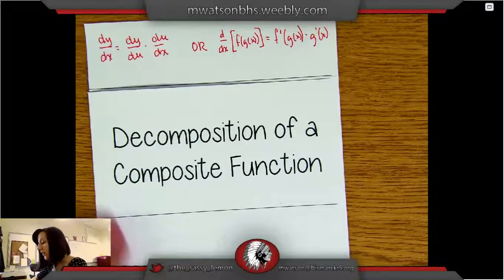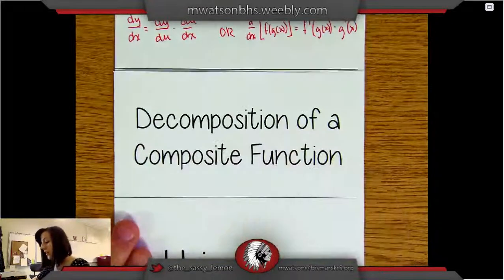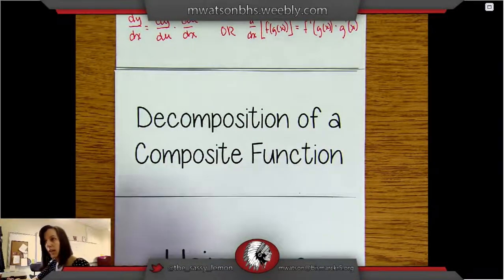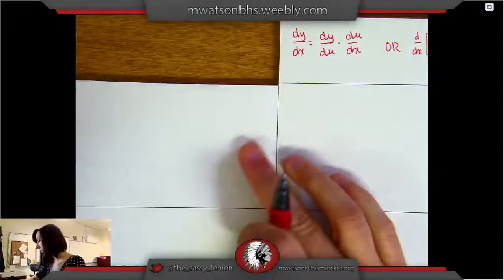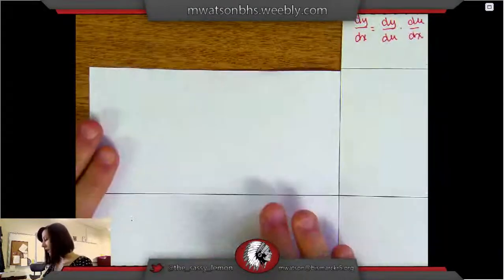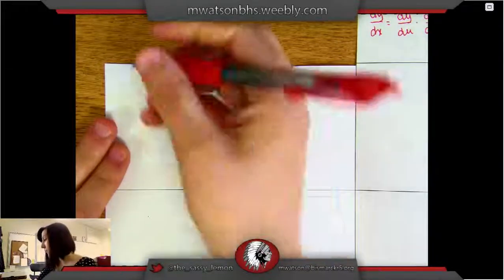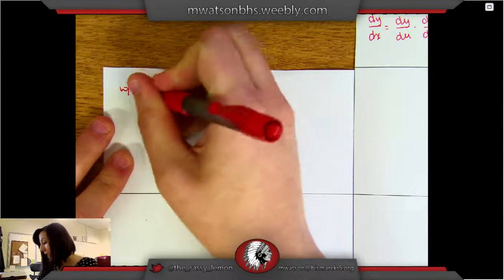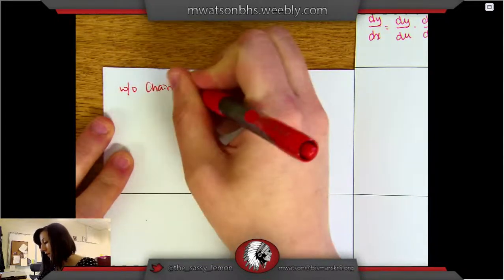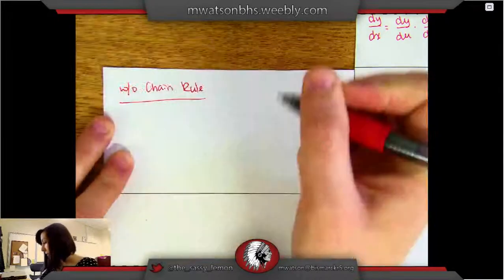So first of all, let's talk about the decomposition of a composite function. So basically, developing an eye for what the two original functions were before they were composed. So if you open up, on the left side, we're going to talk about the types of problems we used to do and the ones now. So without the chain rule, these are the type of problems that we would have done.